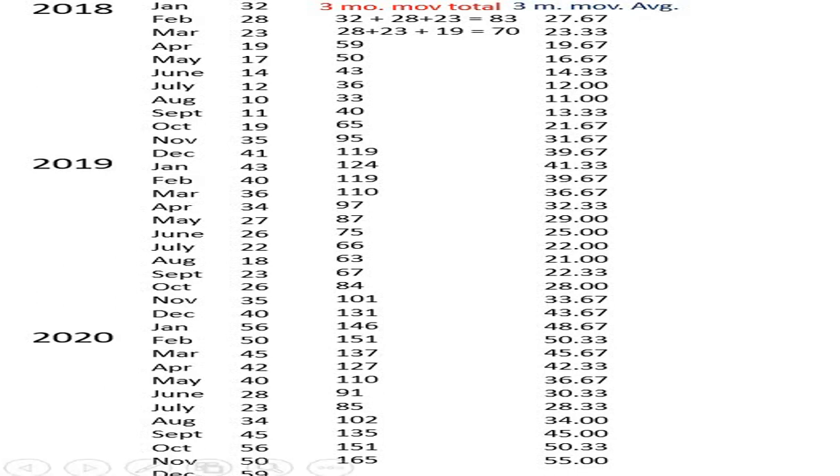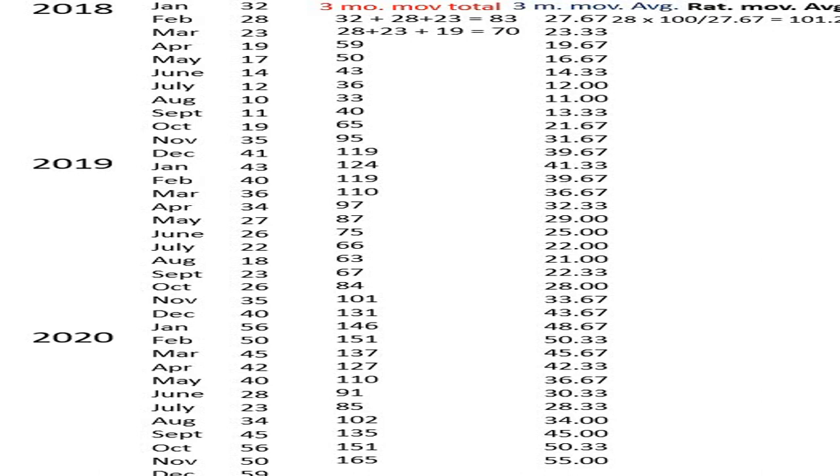Once we obtain these, in the next step we calculate the ratio to the moving average. That is the actual time series value for the month of February, that is 28, divided by the 3-monthly moving average from the previous column, that is 27.67, expressed as a percentage by multiplying by 100.